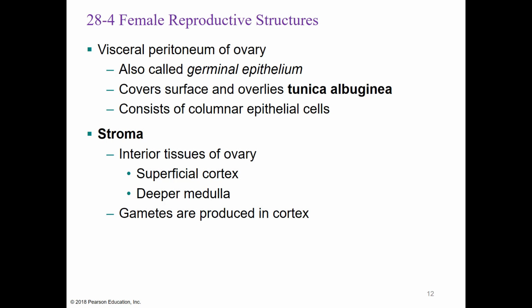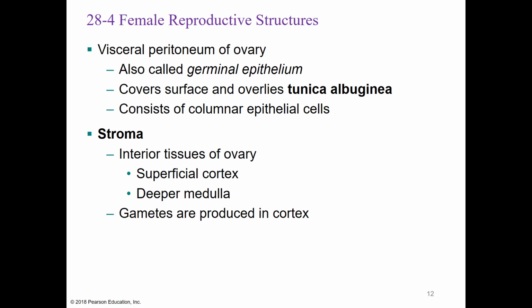The tunica albuginea covered the testes as well. It's also going to consist of columnar epithelial cells. So recall columnar, column or rectangular in shape, the cells, epithelial being cells that line or cover all body surfaces.